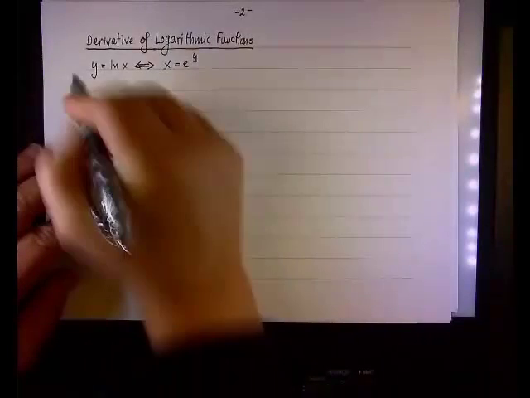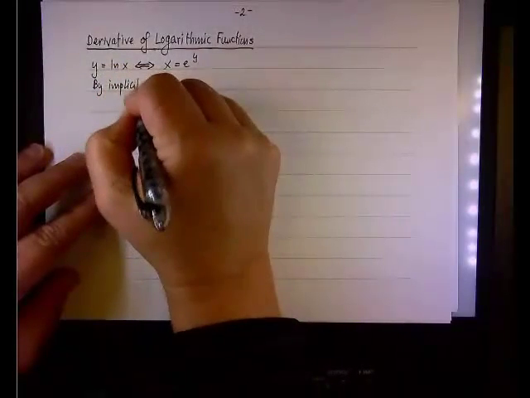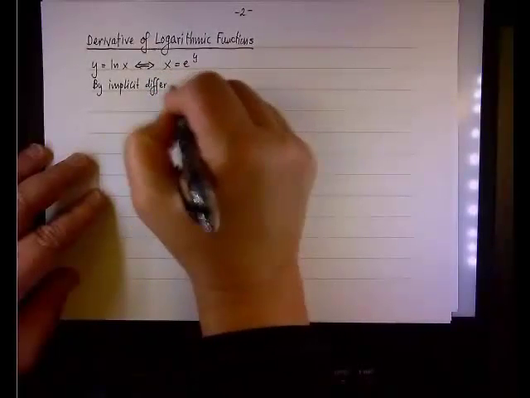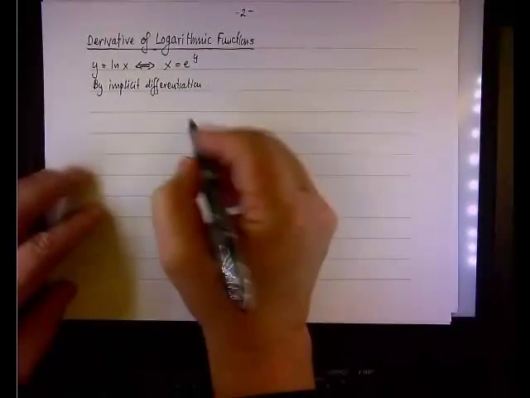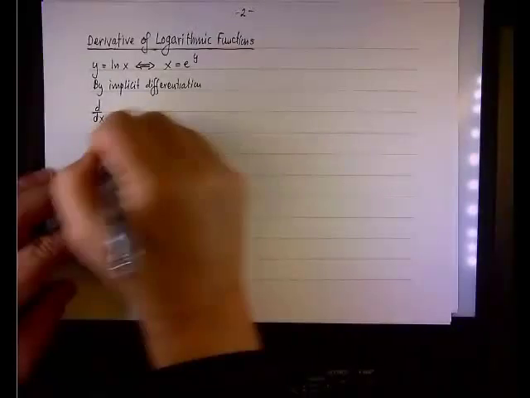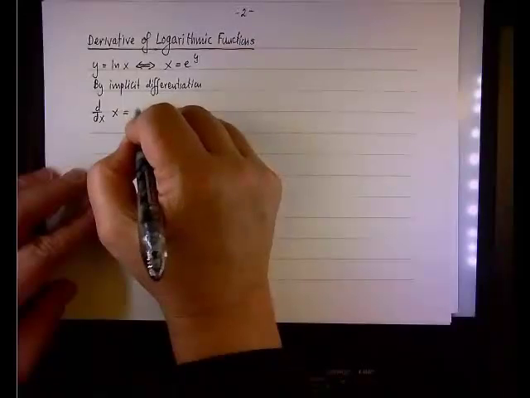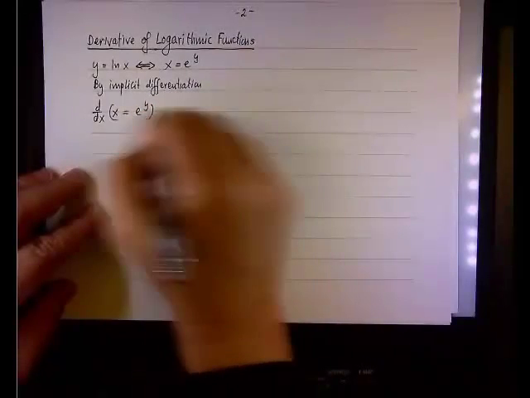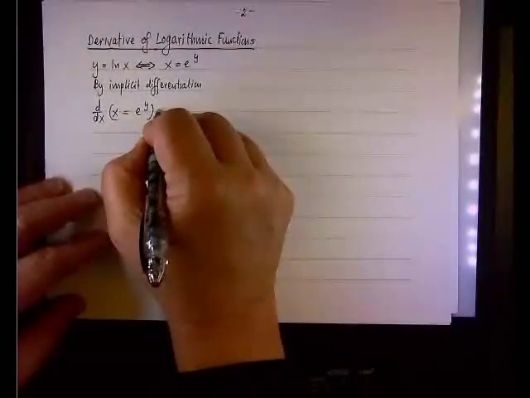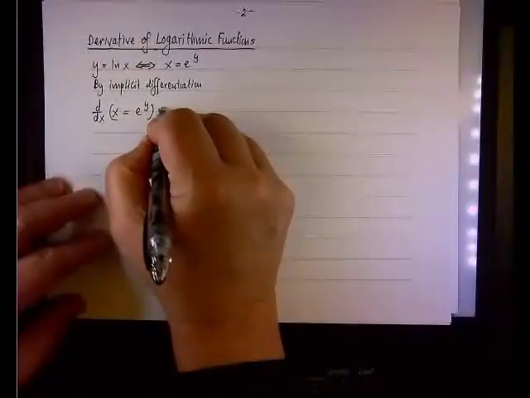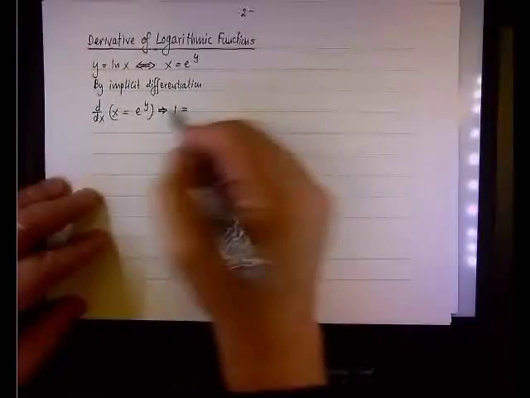By implicit differentiation, if we take the derivative d dx of x on the right side, equal to the derivative on the left side, then we get 1, the derivative of x, equals the derivative of e to the y.